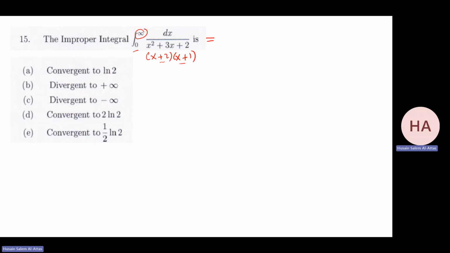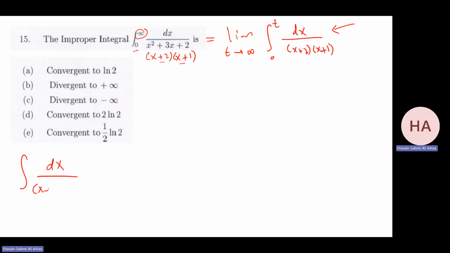This integral will be the limit as t goes to infinity of the integral from 0 to t of dx over x plus 2 times x plus 1. Now, how to do this integral? I need integration by partial fractions. As I said, you need to remember the integration methods.